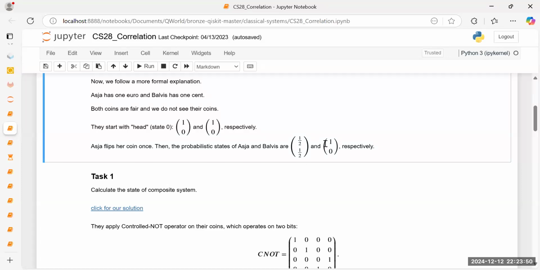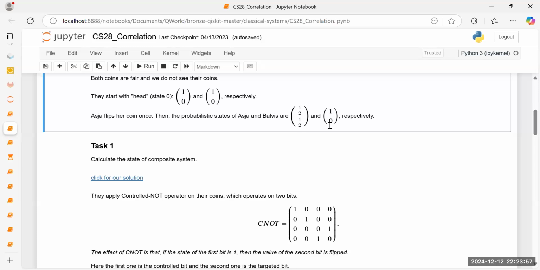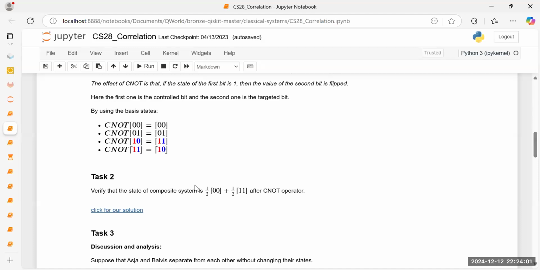Then after that, we applied a CNOT operator on the euro coin and the cent coin. So when we're done with this, this was the state we got. And we said that it's correlated because, as you can see here, half of the time, we would expect both coins to be head, and half of the time, we would expect both coins to be tail.